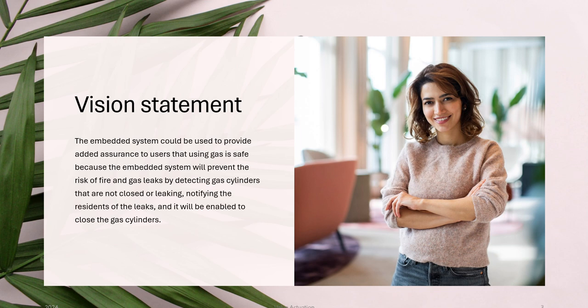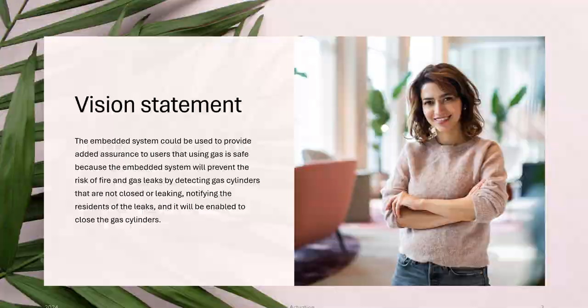Second, this system must be able to detect gas in the air when there's a stove or a gas heater which is not in use and is not closed. Thirdly, the system must be able to close the valve of the gas cylinder when it has picked up that there is a leak or gas in the air.